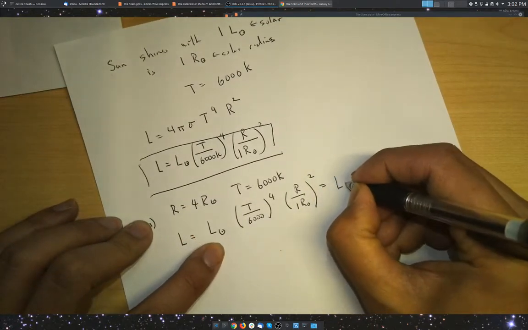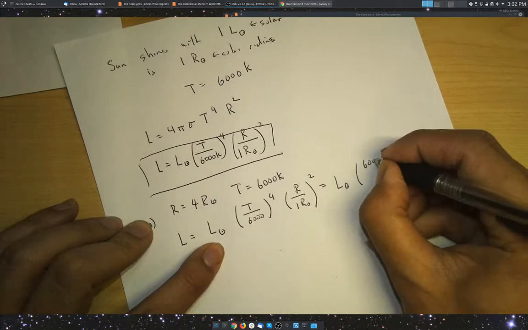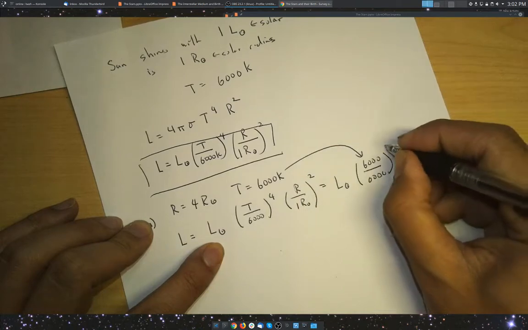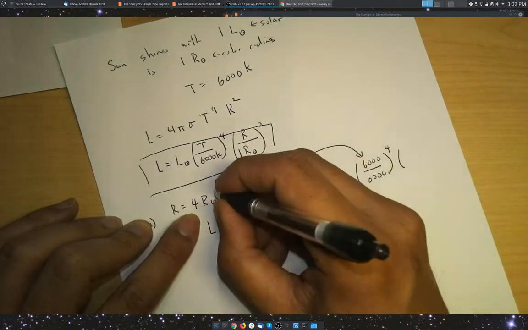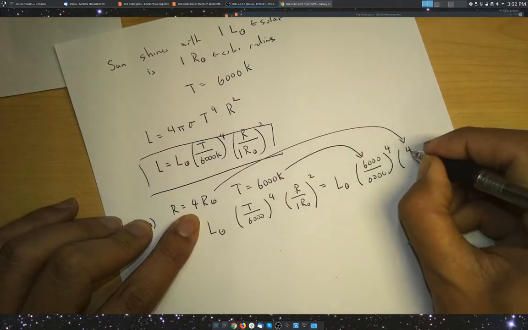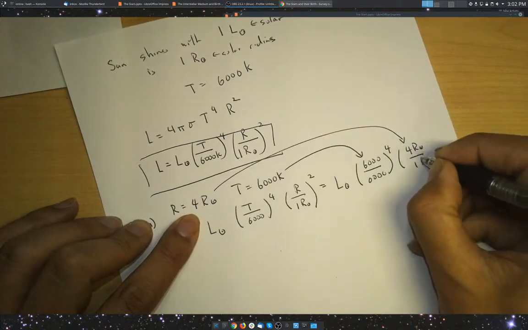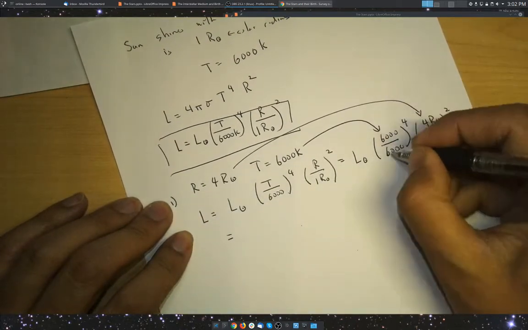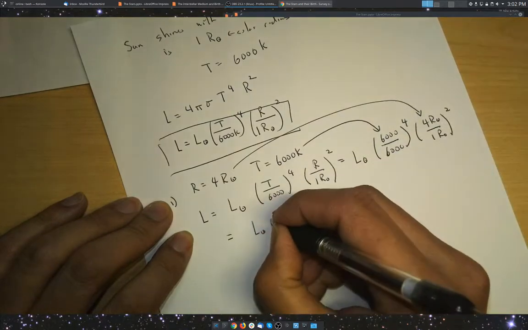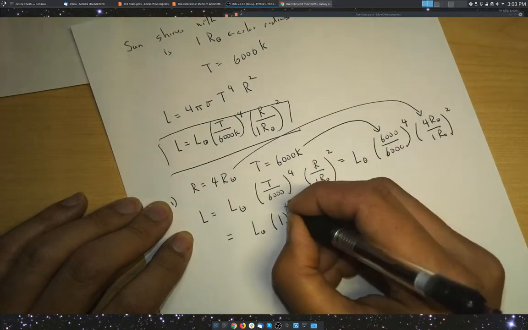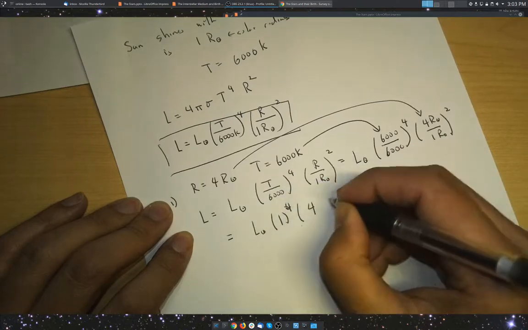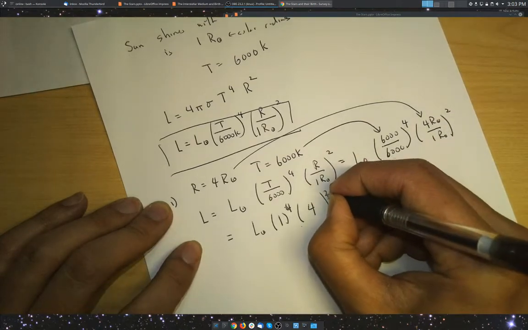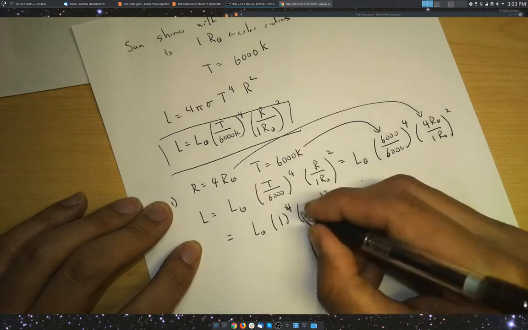So this is L solar, and the temperature is 6,000 over 6,000 to the fourth power, and now 4 solar radii over 1 solar radius squared. 6,000 divided by 6,000 is just 1, so 1 to the fourth power is 1.